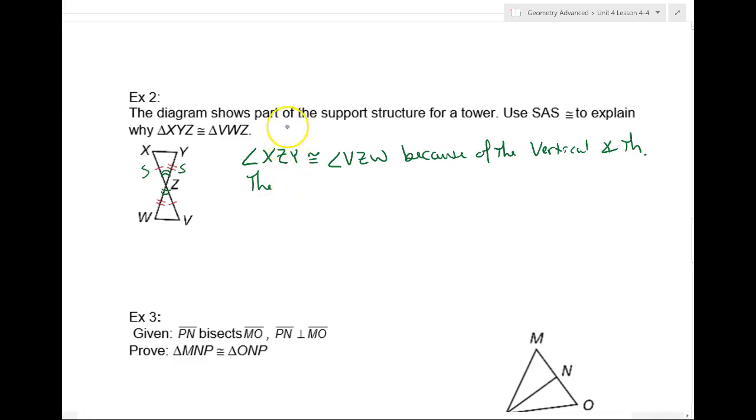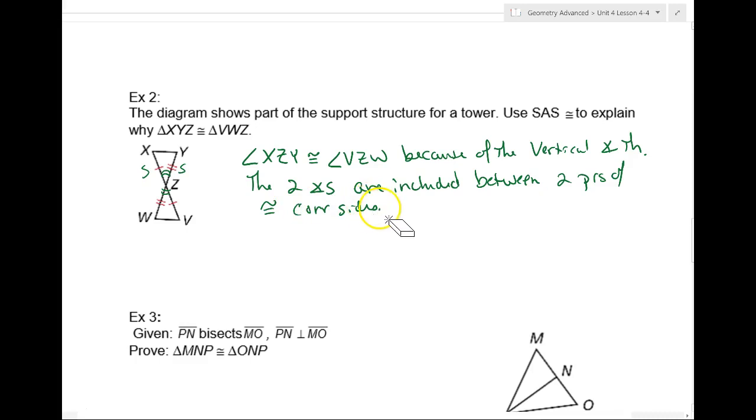The 2 angles are included between 2 pairs of congruent corresponding sides, right? Which would be, and let's show what they are, segment XZ is congruent to segment VZ. And I should probably use a little bit more proper grammar there. And segment YZ is congruent to segment WZ.